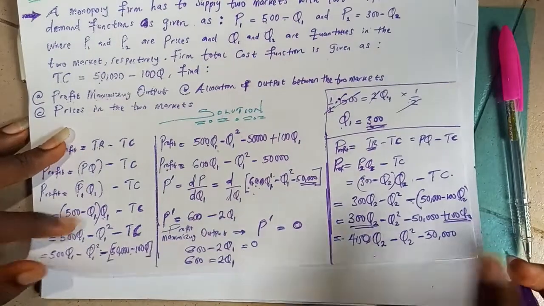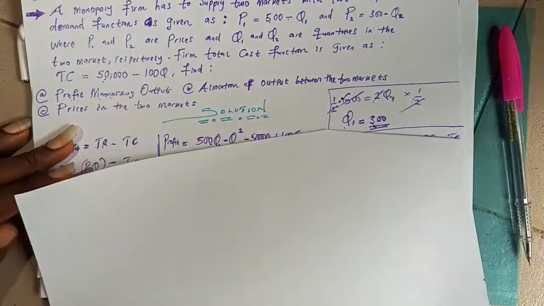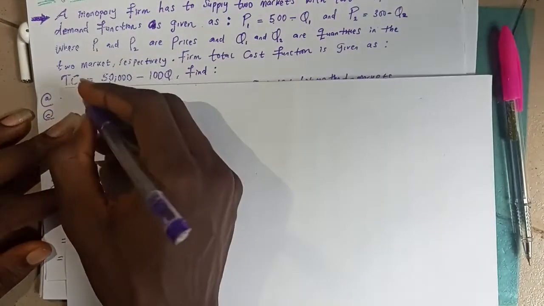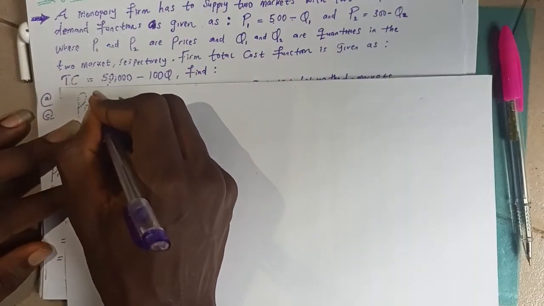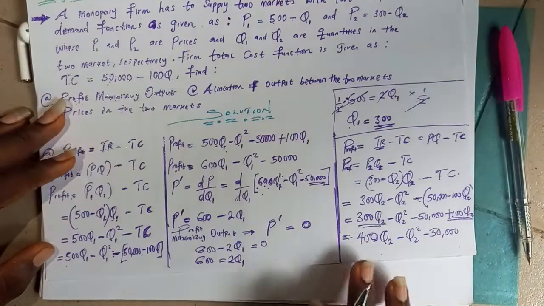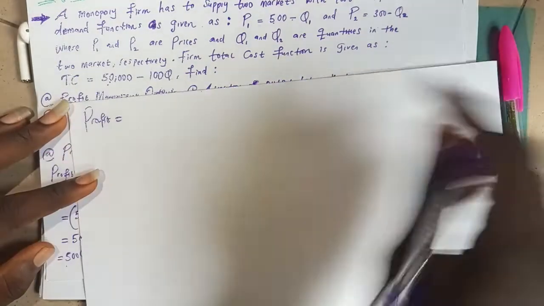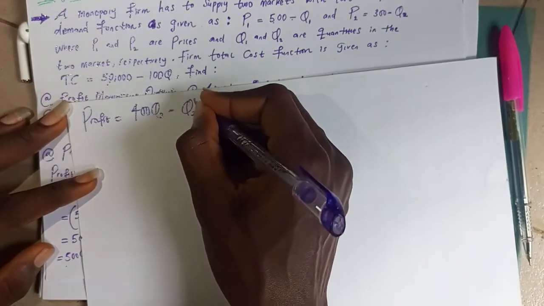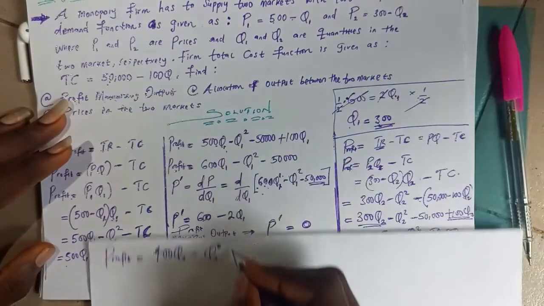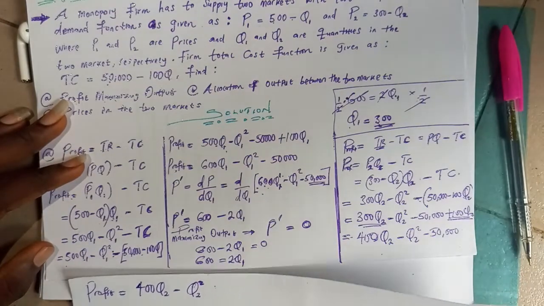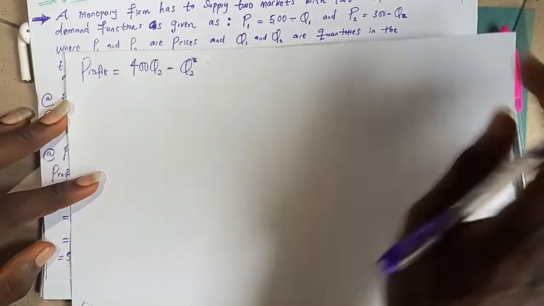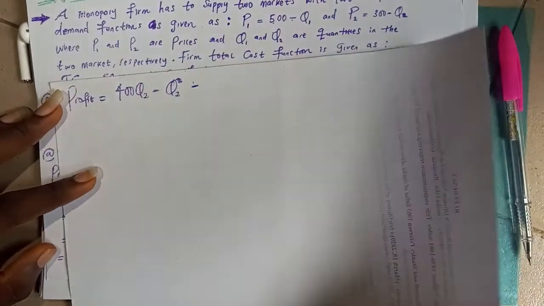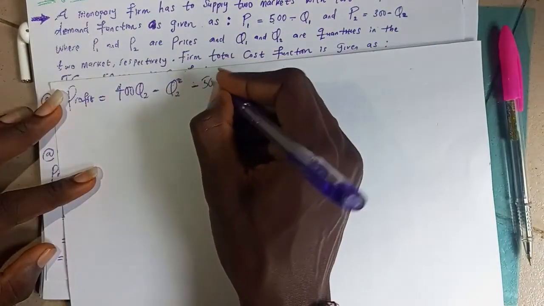And to do that, recall that we have our profit function equal to 400Q2 minus Q2 squared, then minus 50,000.